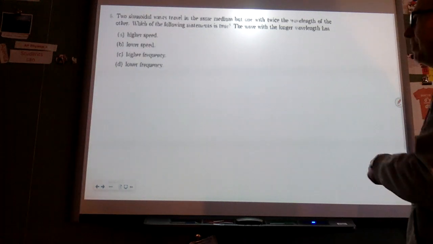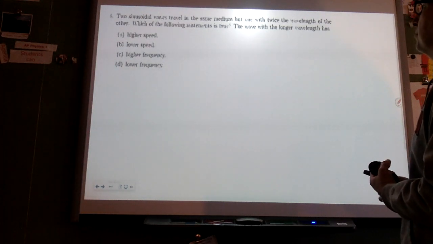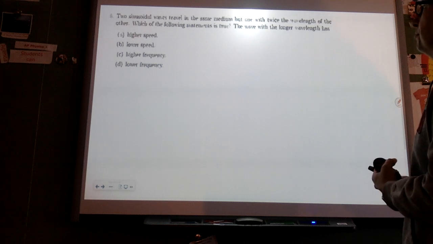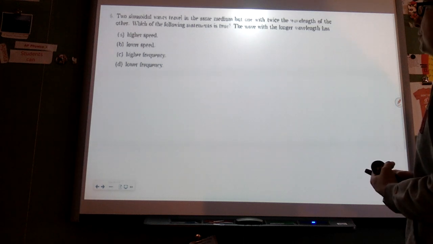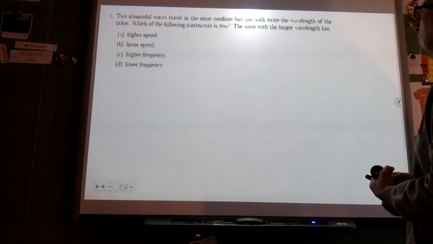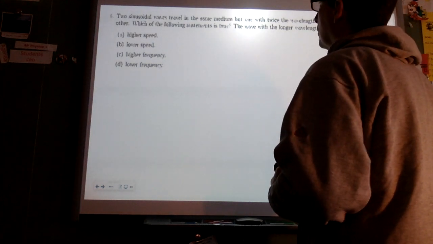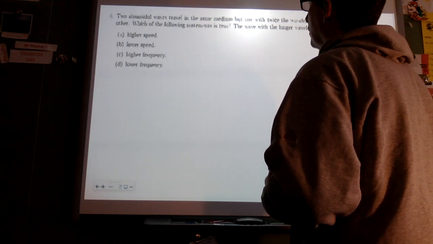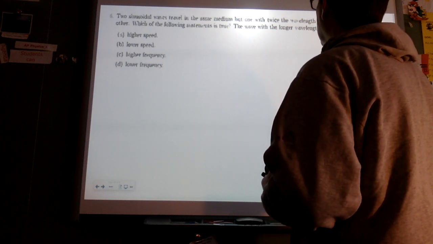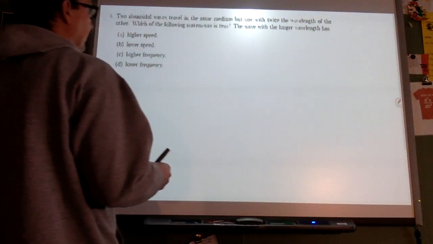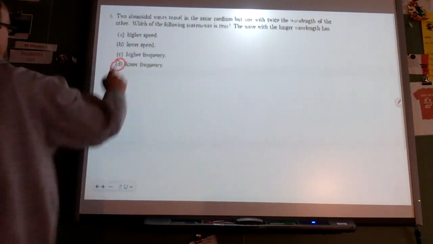Two sinusoidal waves travel in the same medium, but one with twice the wavelength of the other. Which of the following statements is true? The wave with the longer wavelength has a lower frequency, because a higher wavelength would mean a lower frequency.